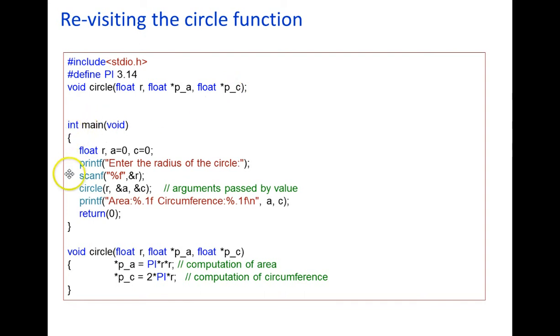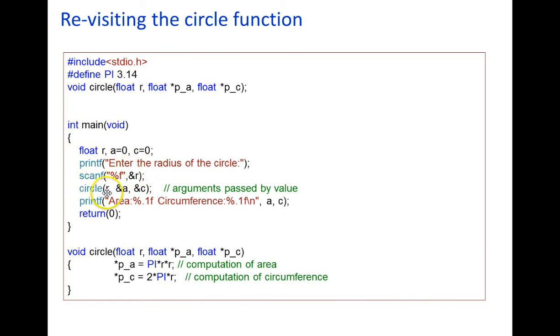Now we go to int main void, here with return 0. Here we define a float called r, A, which is going to be the area, equal to 0, C equal to 0, which is where we're going to store the circumference. We say enter the radius of a circle, we read it into R. We then call circle.